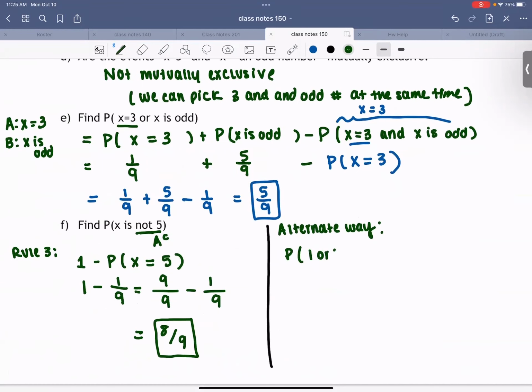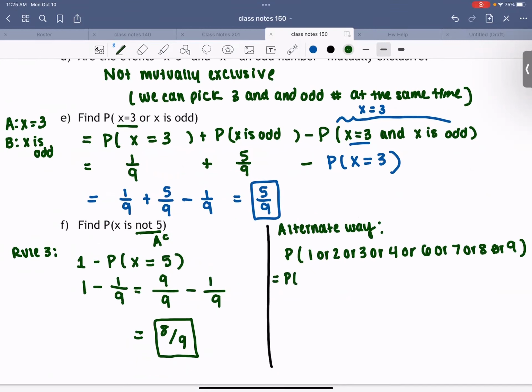We've got 1, 2, 3, 4. Well, 5 can't be in there because we're not finding 5. 6, 7, 8, 9. Right? So this is the same thing as saying not 5, since there's only 9 things, we can write them out.